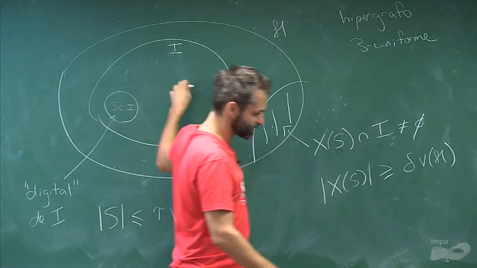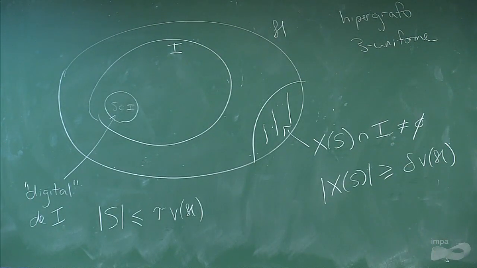Let's try and state a container lemma, which would be one step of this iteration. So we're iterating this process. What I've drawn is one step. You take your I, you find a fingerprint that gives you this X, which is big. And what we're going to do is then remove that and iterate. Just keep repeating until we have few edges. But this lemma is just going to say, let's do one step of this. So how do you do one step?